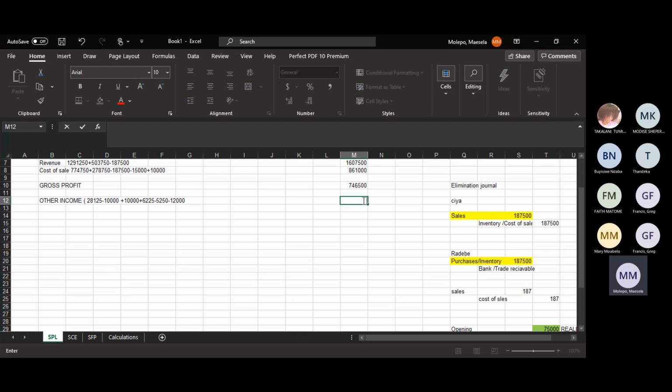You add it back. You minus the 6,225. The 6 will be the 6,625. 6,625. And then minus 5,250.